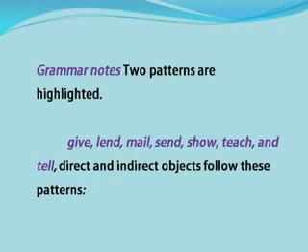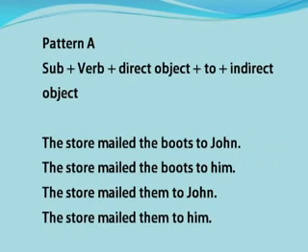For most verbs in English, including give, lend, mail, send, show, teach, and tell, direct and indirect objects follow these patterns. Pattern A: subject, verb, direct object, to, indirect object.